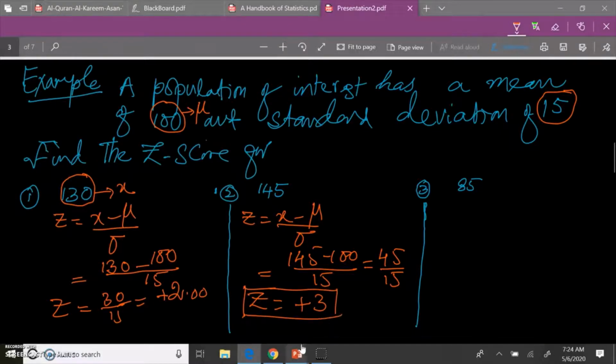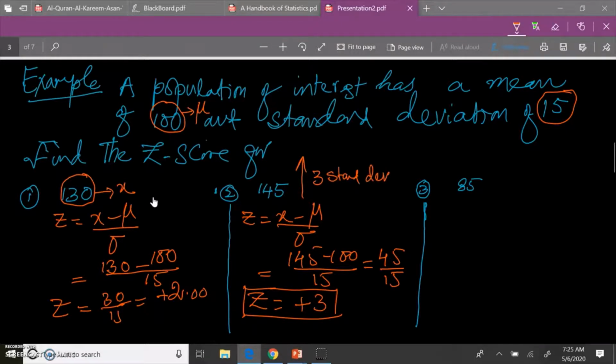The z-score is positive. It means this observation is also above the mean, and it's above by 3 standard deviations. It's 3 standard deviations above the mean.